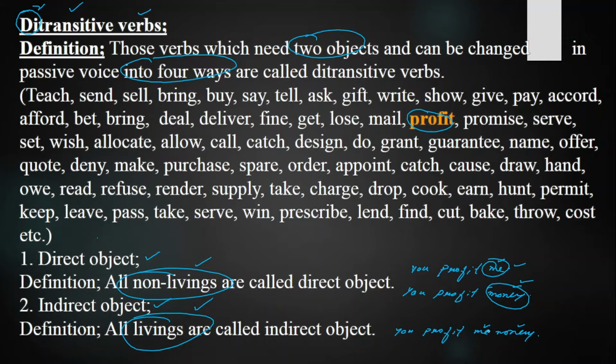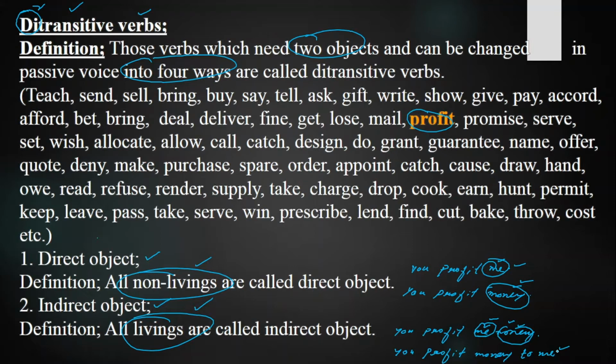We mostly bring the indirect object at the beginning and the direct object at the end, but if you want to shuffle the places, you can bring the indirect object at the end and the direct object at the beginning. So keep in your mind, your indirect object me will be followed by a preposition, like you profit money to me. So this is the way to change it.